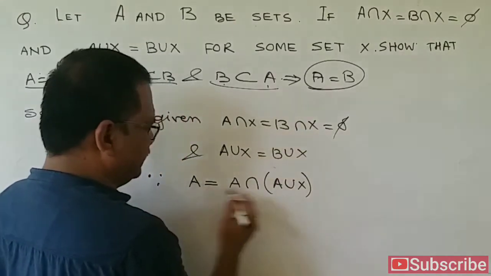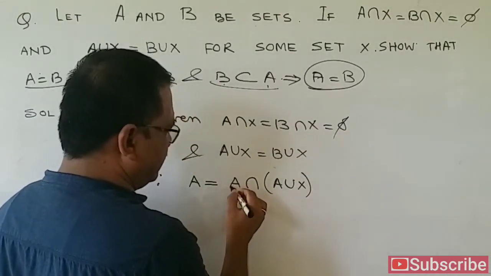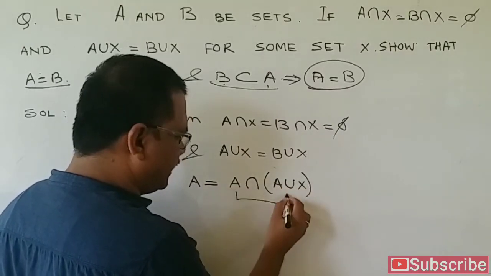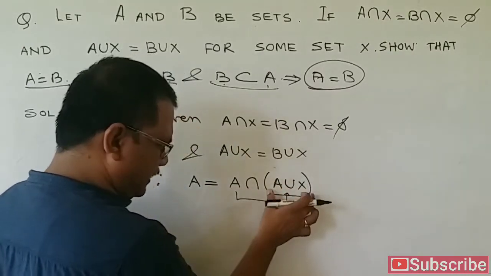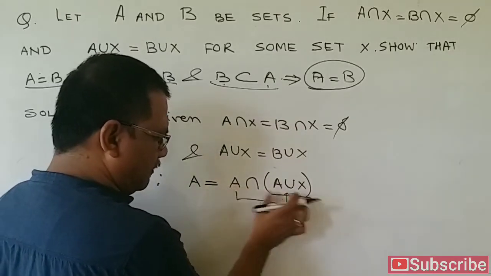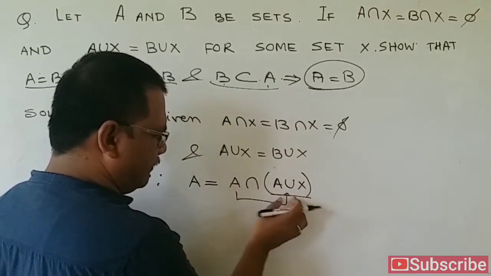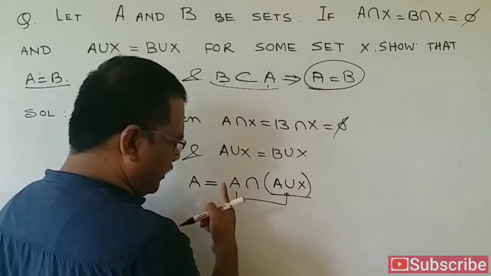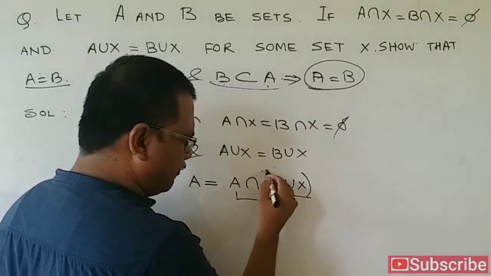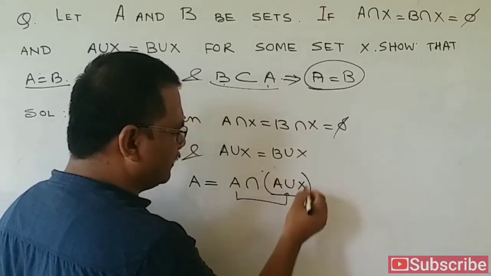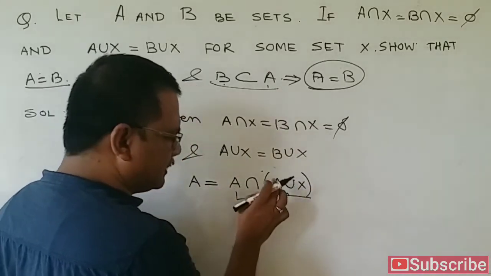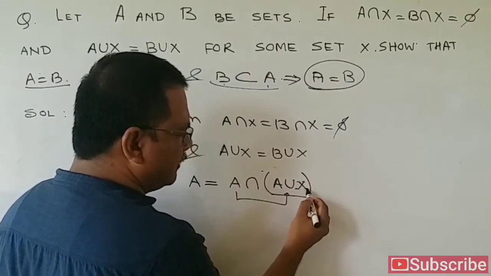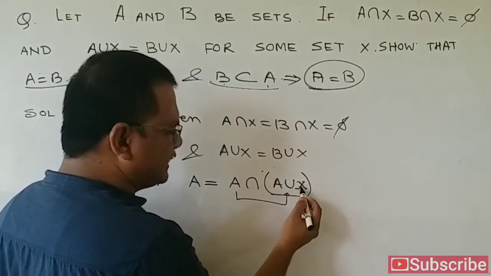Actually A and this is the same set, A union X. If you compare these two sets, which one is greater and which one is smaller? Surely A union X will be greater, because with A, X is added.